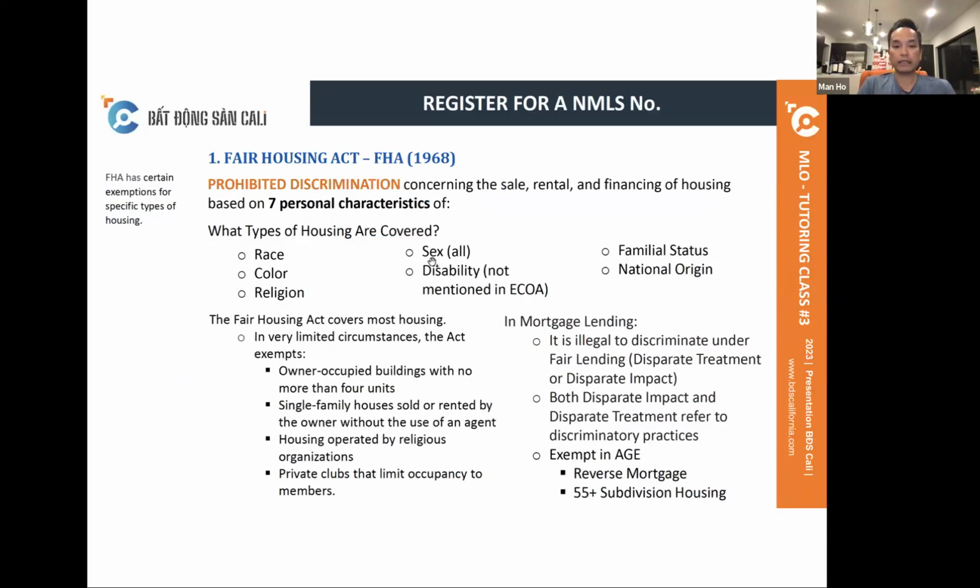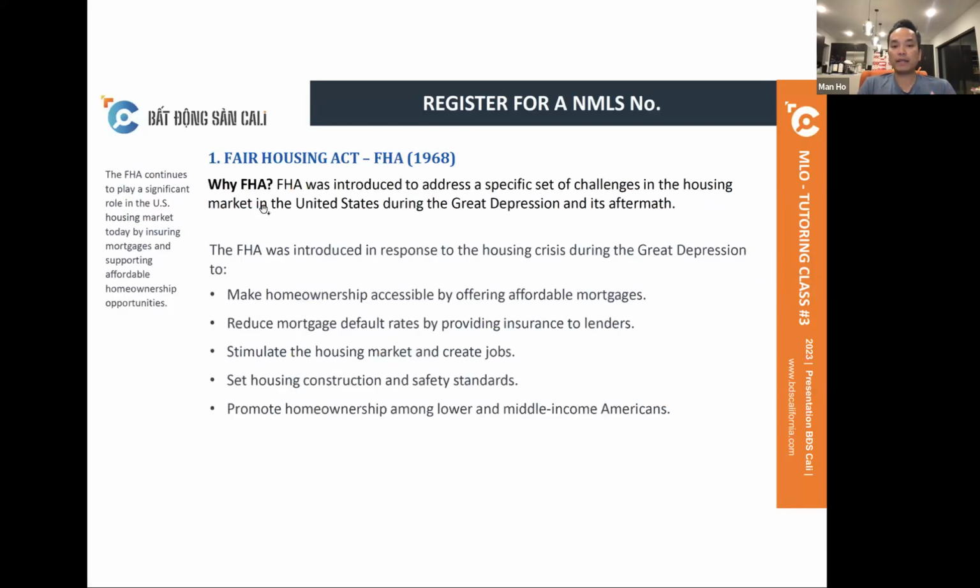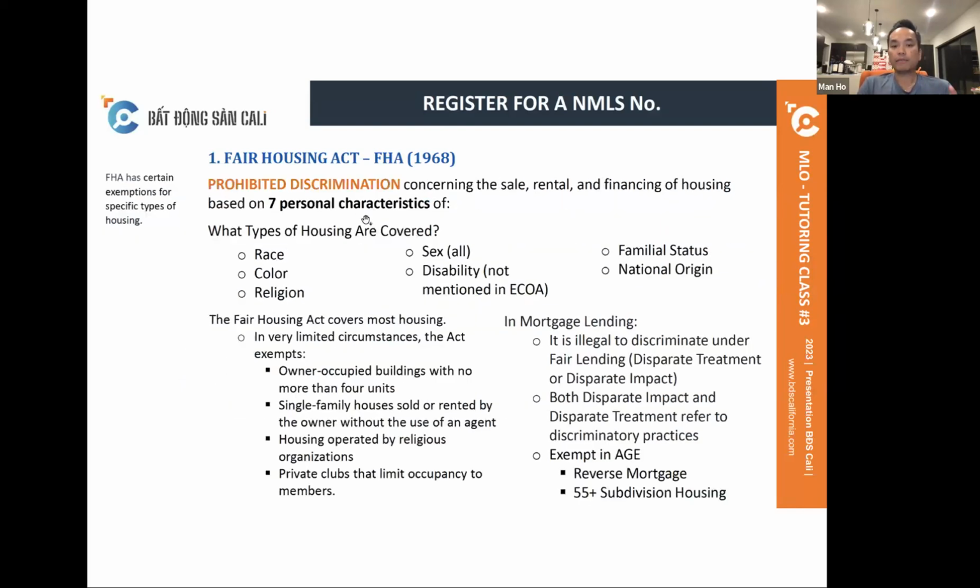So, just continuing. Like I said, the FHA prohibits discrimination, and it protects the seven personal characteristics. I already named them: race, color, religion, sex, disability, family status, and national origin. There are other laws, like ECOA, which we're going to talk about in the next class.